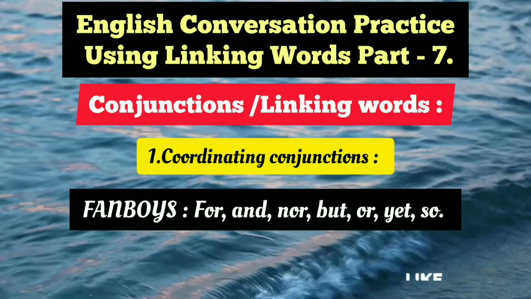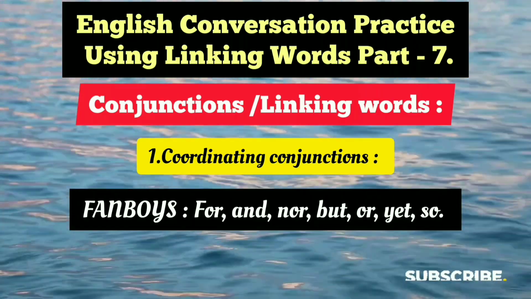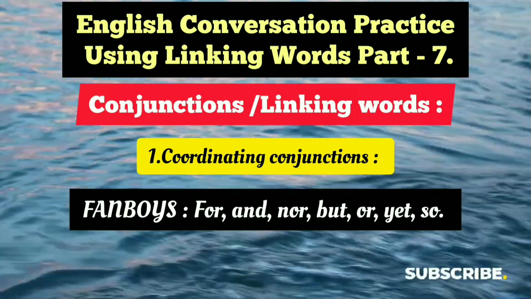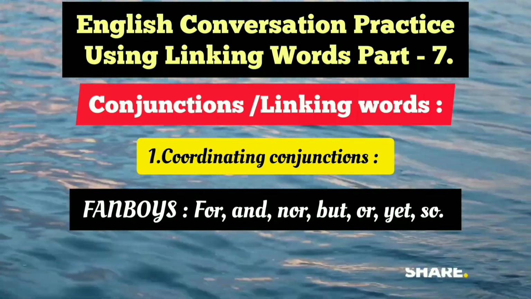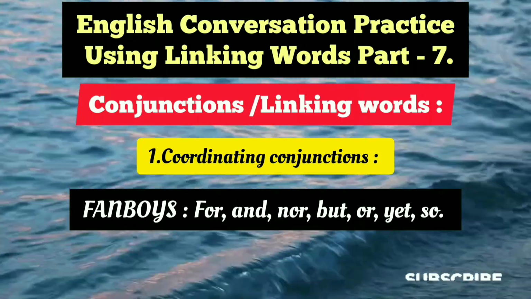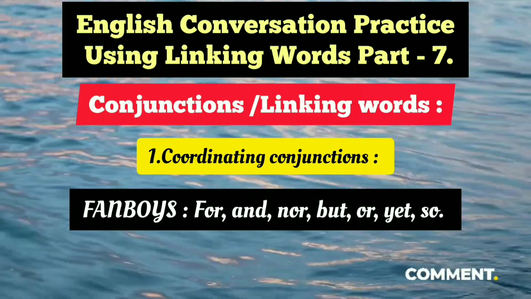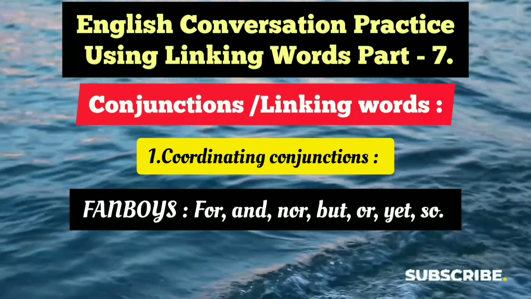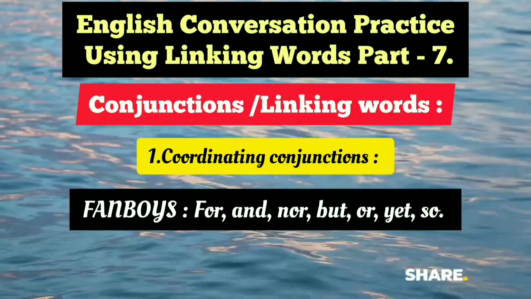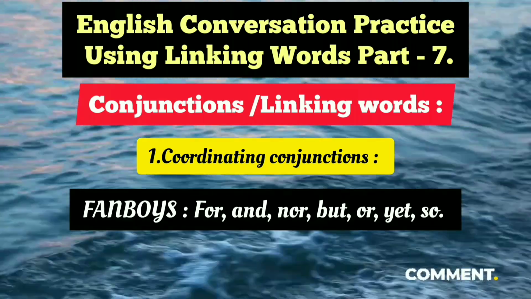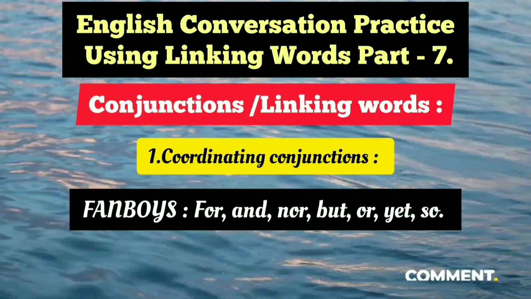FANBOYS stands for for, and, nor, but, or, yet and so. So F stands for for, A stands for and, N stands for nor, B stands for but, O stands for or, Y stands for yet, and S stands for so.